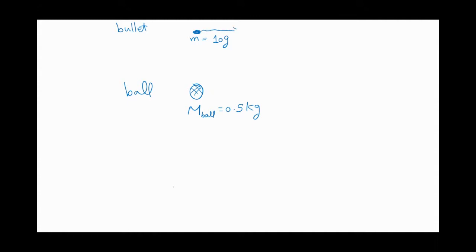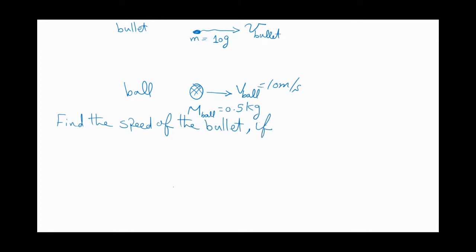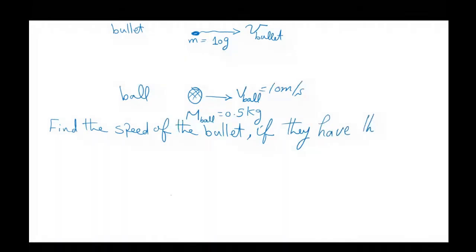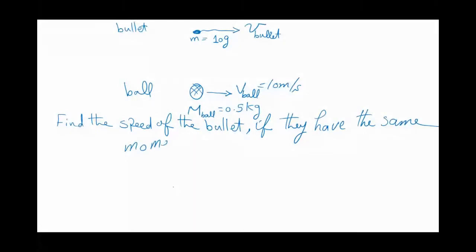If you shoot the ball and the speed of the ball equals, let's say, 10 meter per second, find the speed of the bullet if the ball and the bullet have the same momentum.